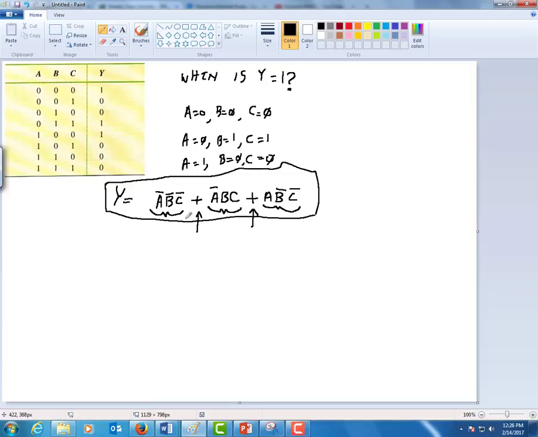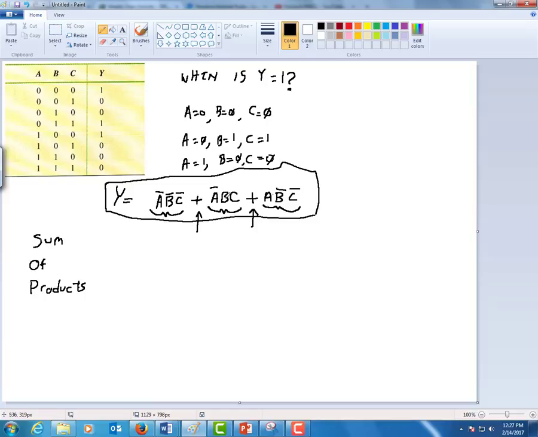So this form, what you see right here, is denoted as SOP. And this stands for sum of products. Get it? It's the sum of each of the product terms.